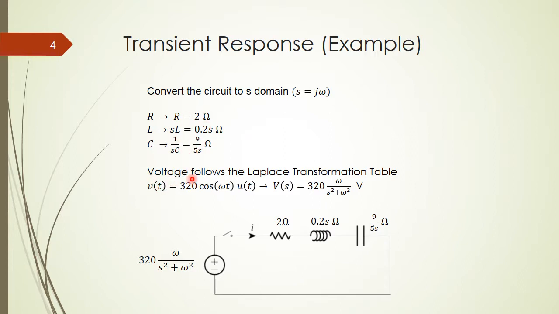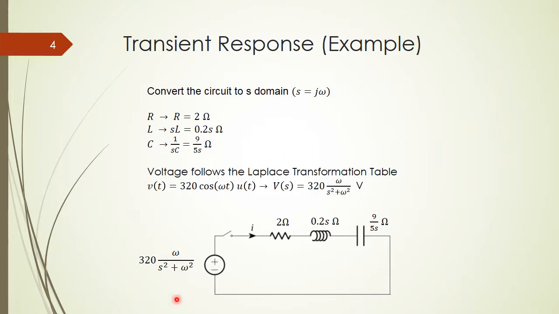We need to convert the voltage as well, following the Laplace transformation table. Here we have 220 volt times cosine omega t and u(t), indicating the operation of the switch at t equals 0. So Vs here will be 220 times s over s squared plus omega squared.